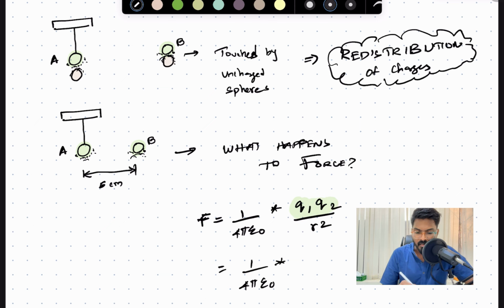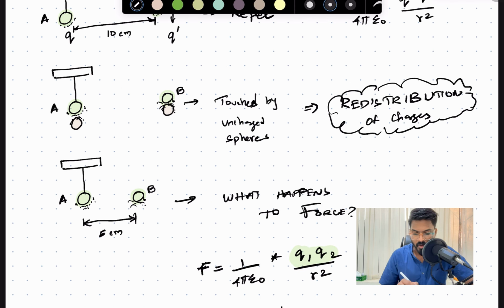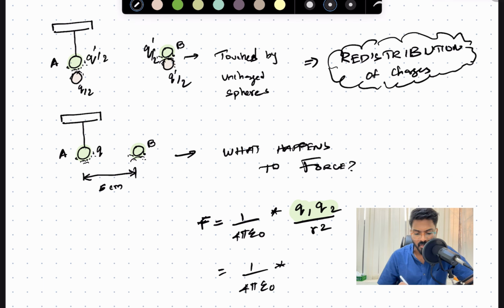Earlier it was q and q dash. What happened is q by 2 went there. So half the charge was taken away by the brown uncharged spheres, and what is left is half of what we initially had.